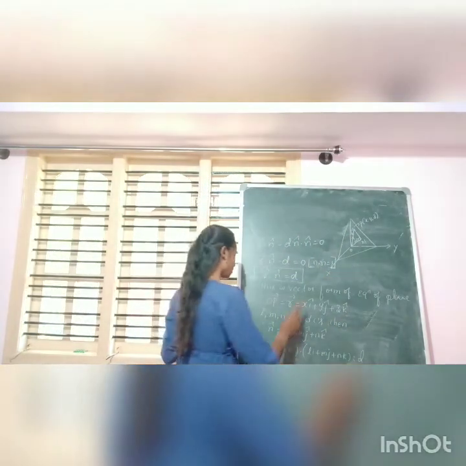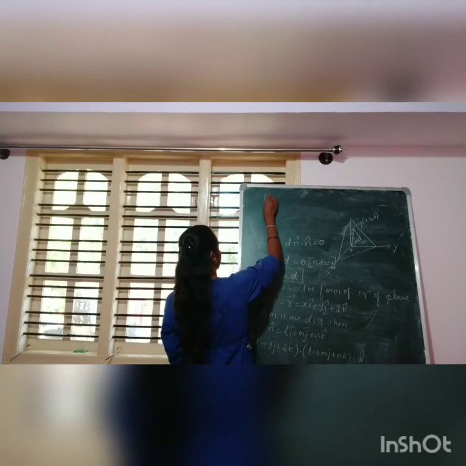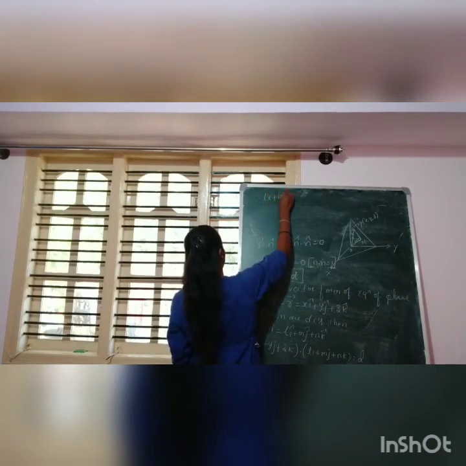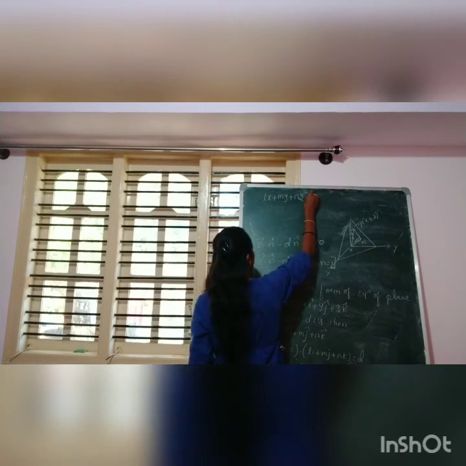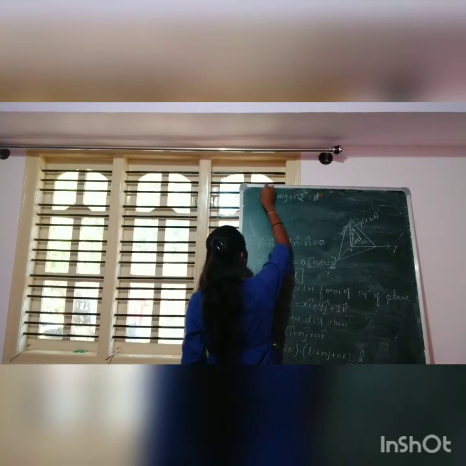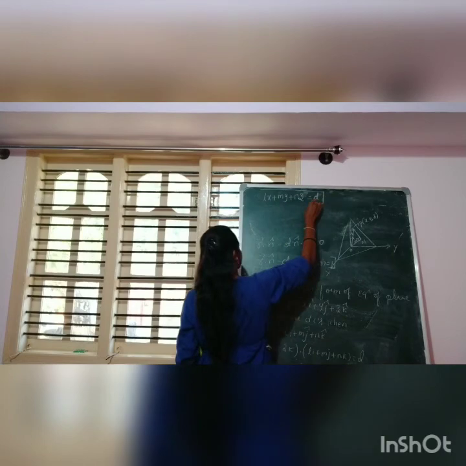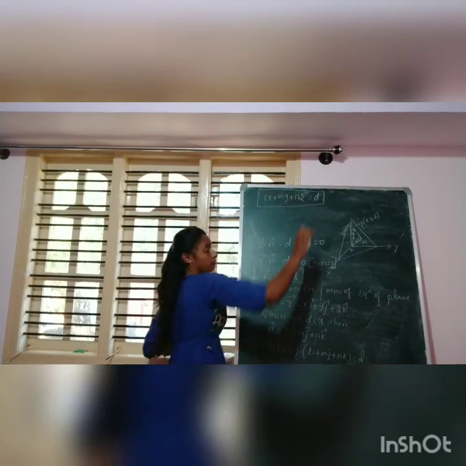Hence, I can write L into x plus M into y plus N into z, which is equal to D. This is the equation of the plane in Cartesian form.